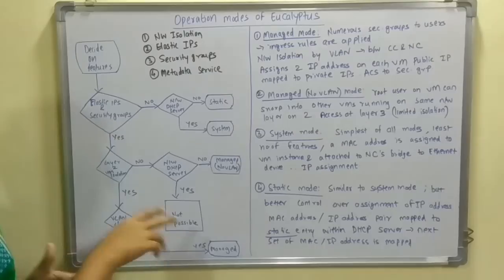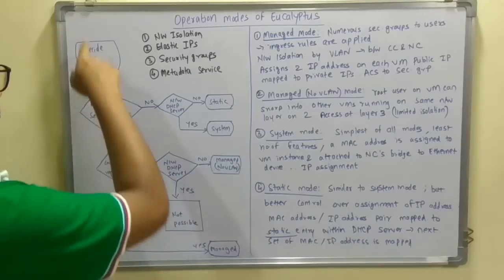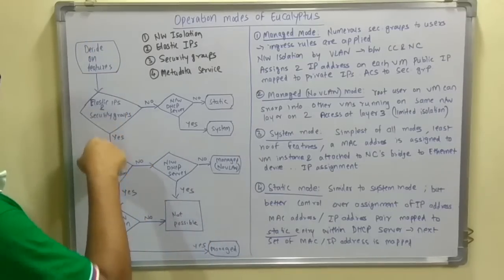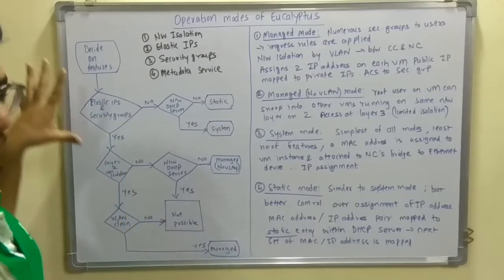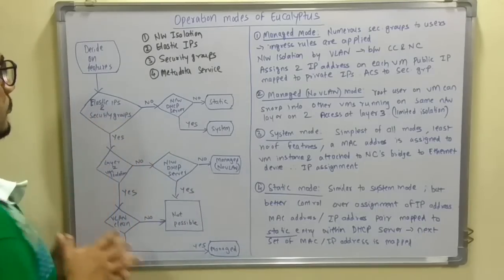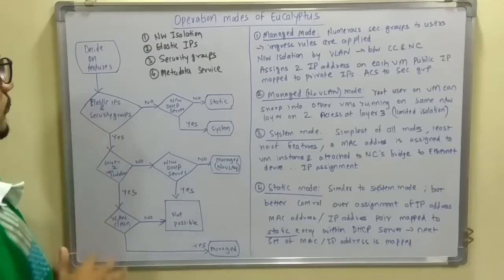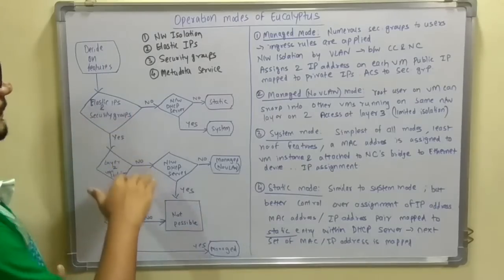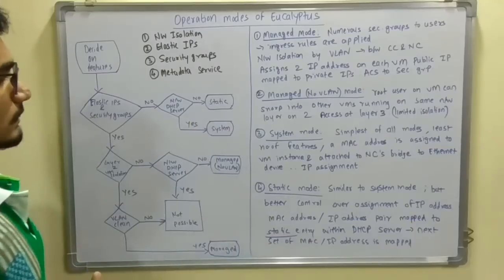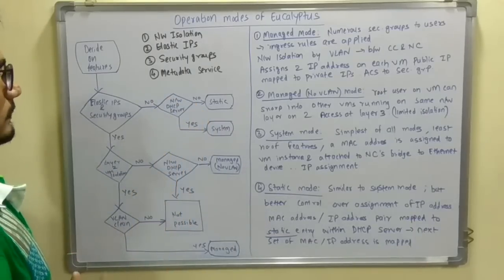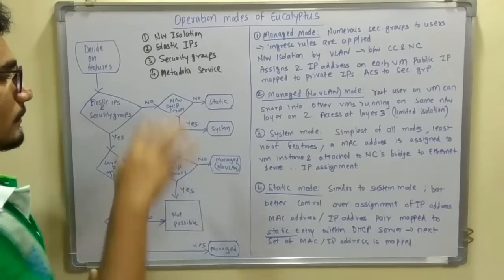Like I've told, the managed mode is accessible when you have all these features. If you have elastic IPs and security groups, and there is no network DHCP server and nothing else, then it will move to the static mode.